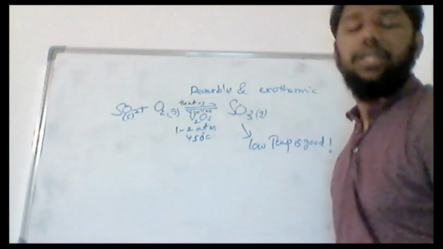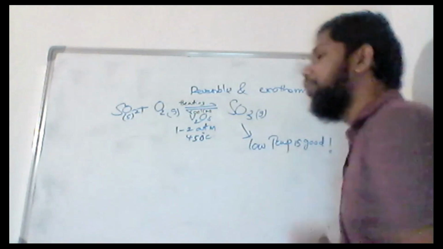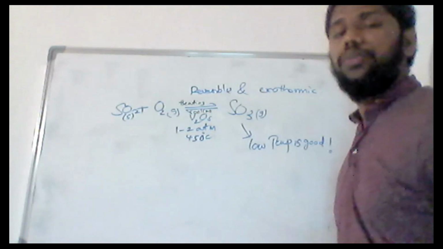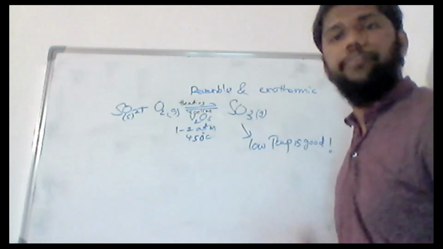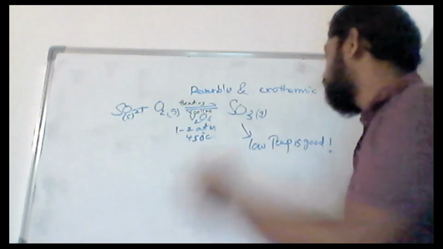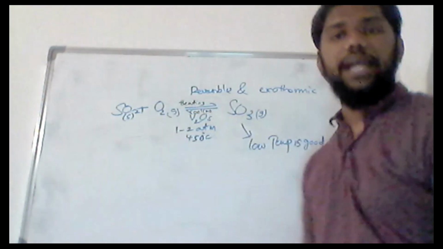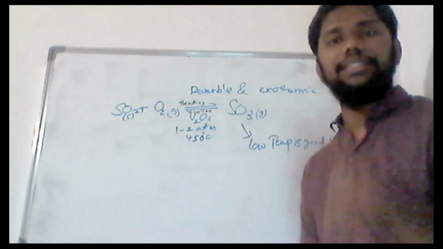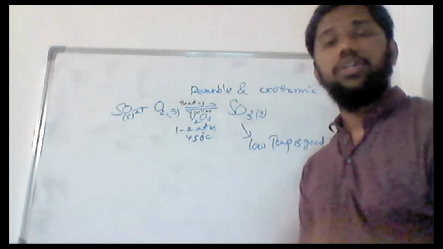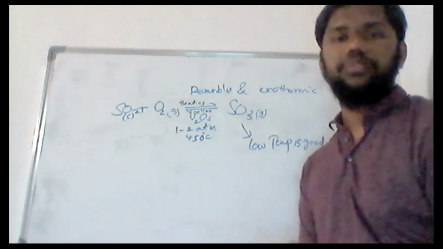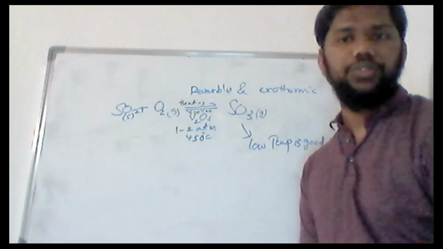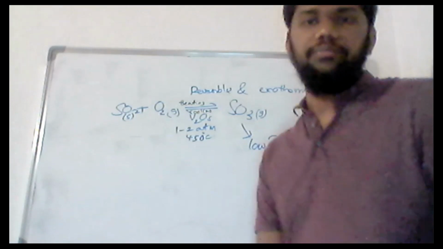Why? The reason is, if you use low temperature, according to Le Chatelier's principle it is perfect. But the problem is the chemical kinetics of this reaction is very slow at low temperature. The reaction rate is very slow, so it will take a lot of time to convert all SO2 to SO3. So there is a problem here.